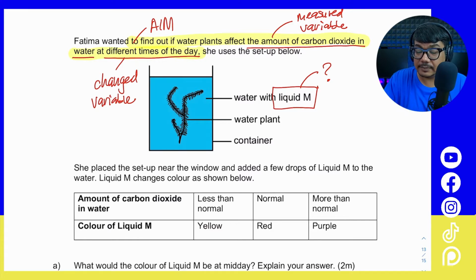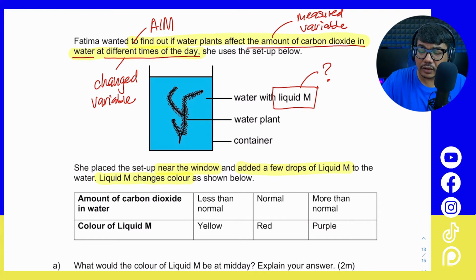She placed the setup near the window and added a few drops of liquid M to the water. Liquid M changes color as shown below. Oh okay, liquid M changes color as shown below.